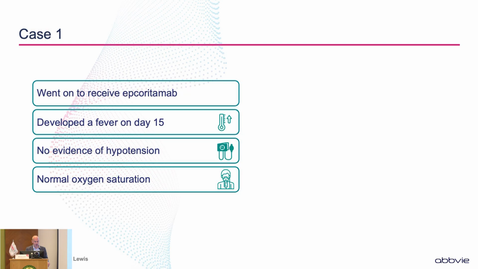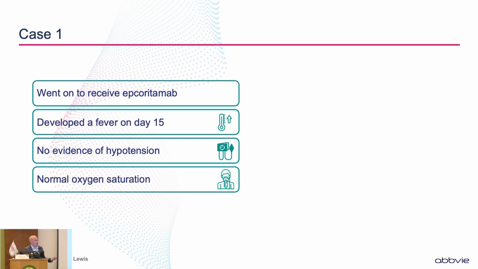So this patient did receive epcoritamab, and he developed a fever as predicted on cycle 1, day 15. He didn't have any evidence of hypotension, and he had normal oxygen saturation. So cycle 1, day 15, he's got a fever, but no cardiovascular or respiratory compromise. This is a grade 1 CRS by definition.